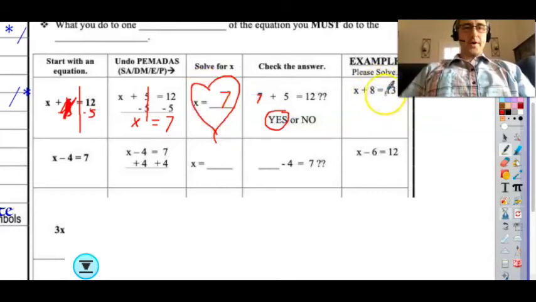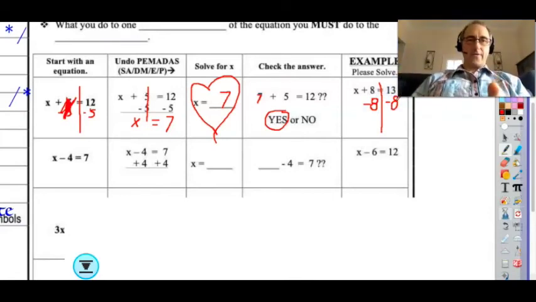I would like you to try this one, same way. You're going to move the 8 to the other side. In order to move it to the other side, you have to get rid of it here, which means you also have to get rid of it here. You try it, and let's see what you get. That's right, minus 8 on both sides. Now I could do 13 minus 8 by counting backwards, but I would rather have you use a calculator.